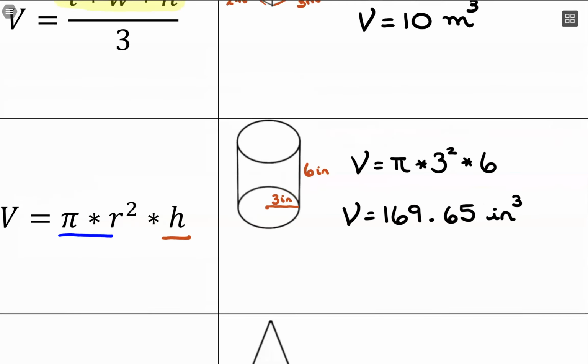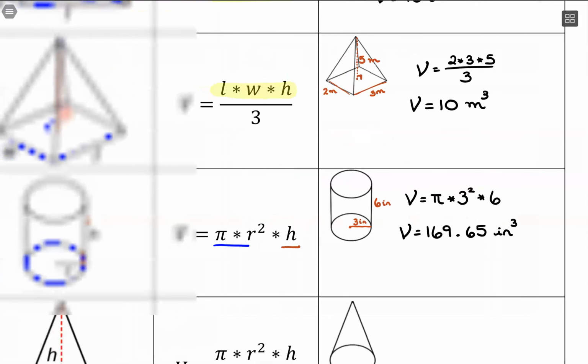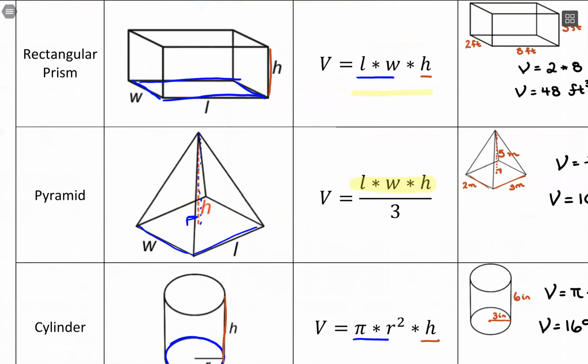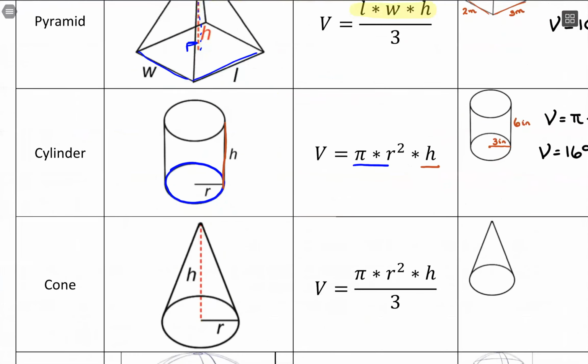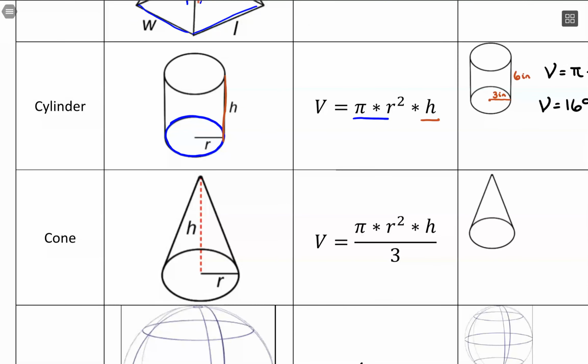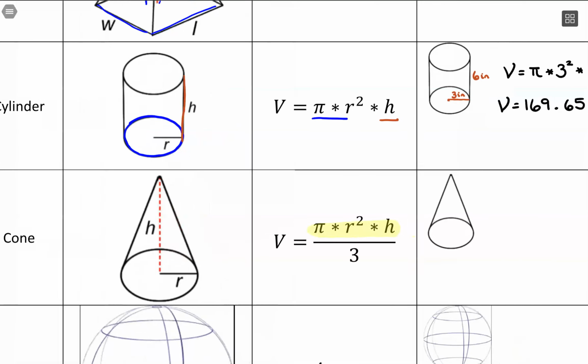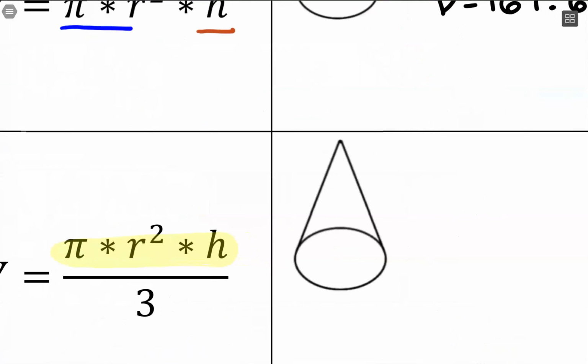All right, just how the rectangular prism linked to the pyramid in terms of 1/3, same thing happens with a cone. So cone has a circular base, so it would fit in with the cylinder, and it would take up 1/3 of that volume there with that same radius and height. So you can see in the numerator here, same formula as up above for cylinder, it's just we're taking 1/3 of it. So with this, what we'll do is to give you some numbers to work with.